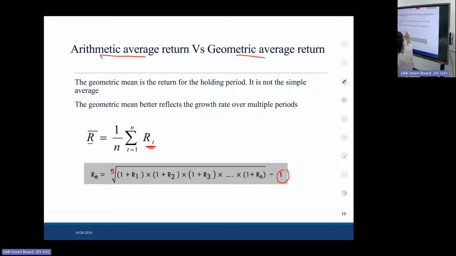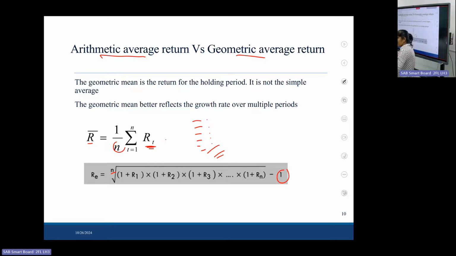When we calculate the arithmetic average return, the reinvestment assumption is not implied, because we consider each year's observation independently. We get the total and divide by n. Each observation is equally weighted.